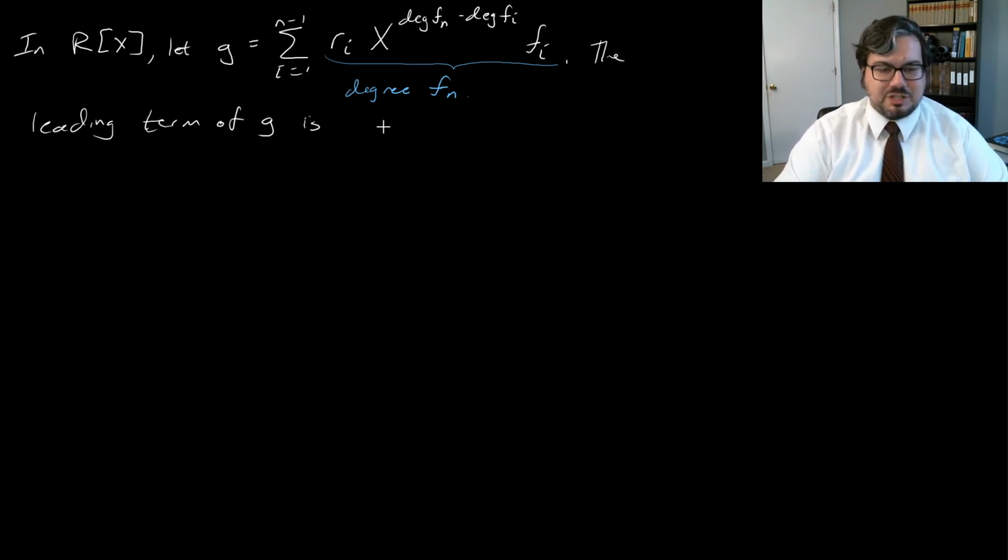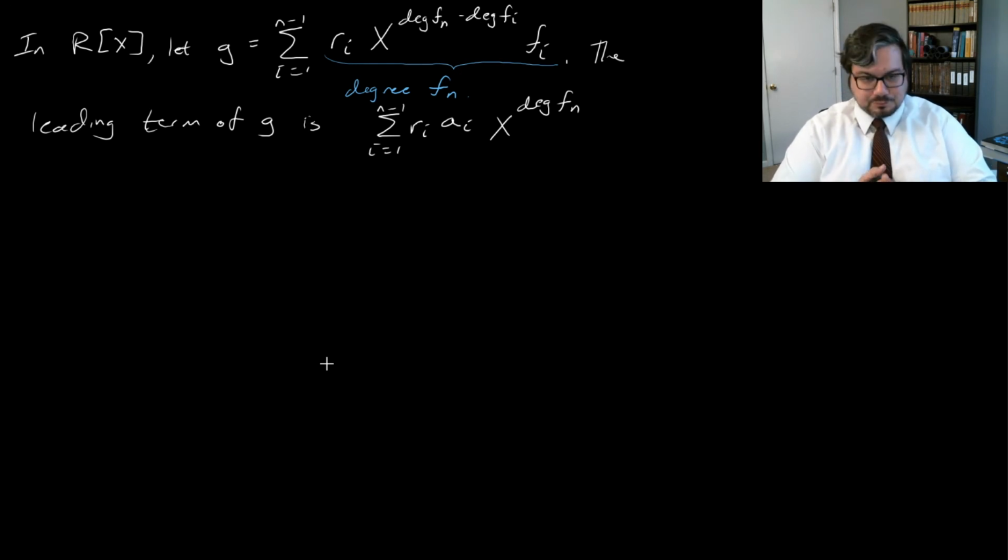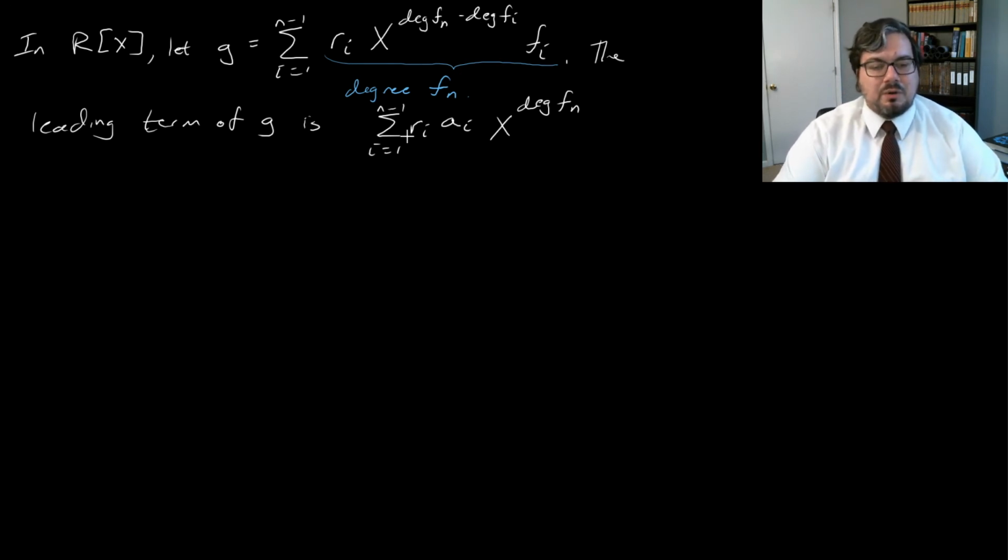So the leading term of G is the sum of Ri Ai, where Ai is the leading coefficient of these Fi's, times x to the degree of Fn, and this is for i equals 1 to n minus 1. But we already know that the sum of the Ri Ai's is exactly equal to An. So this is exactly equal to An times x to the degree Fn.